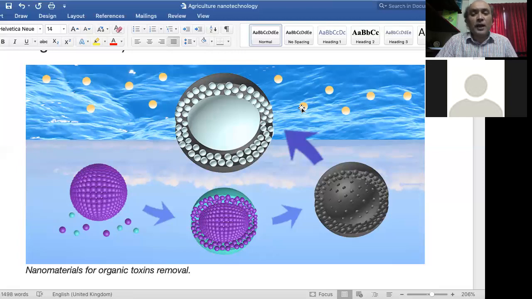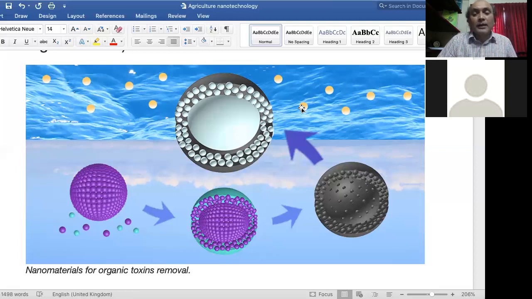So desalination of marine water by using nanomaterials, the principle is a very important strategy. The principle has already been established. Laboratory experiments have been done, and it was successful.